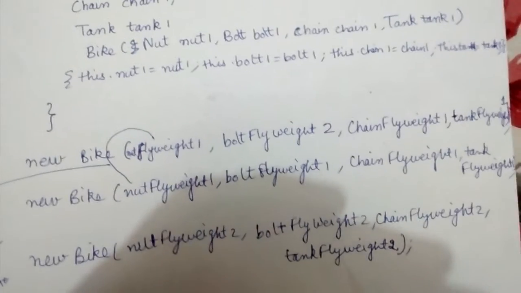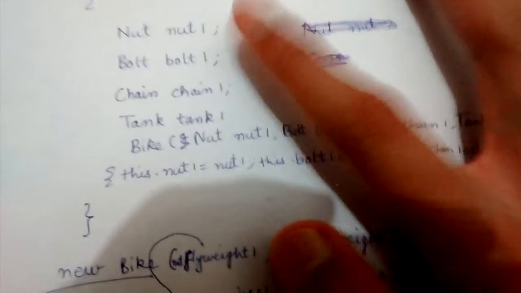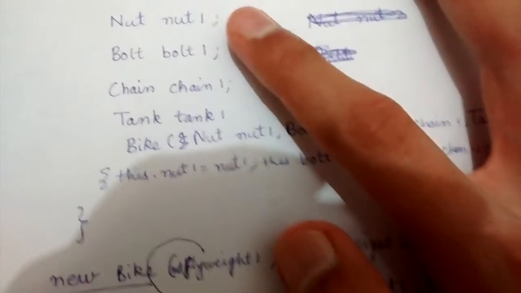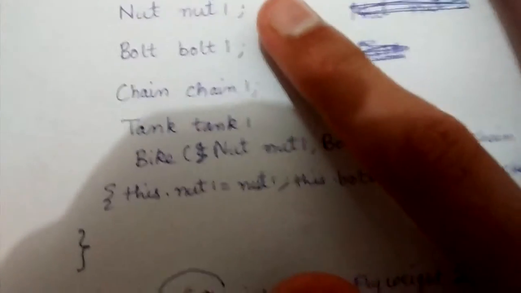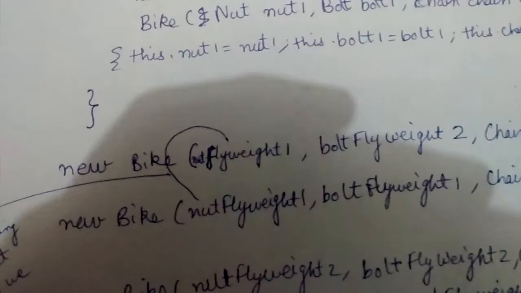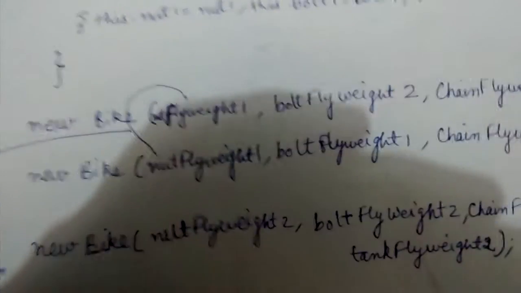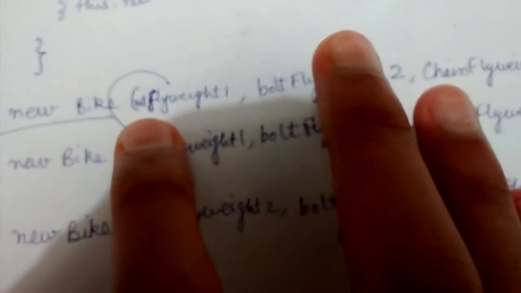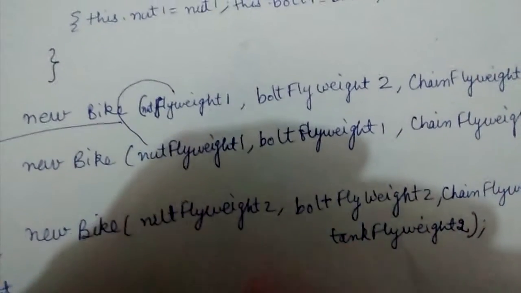So the nut class in itself is not a singleton or a multiton. You can create different instances of nut for the same key. The nut's implementation can be totally different. But when creating a bike, in this context, you are having a single flyweight object for a single size of nut.